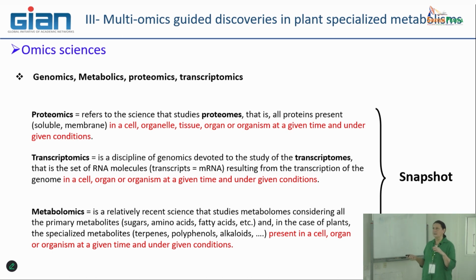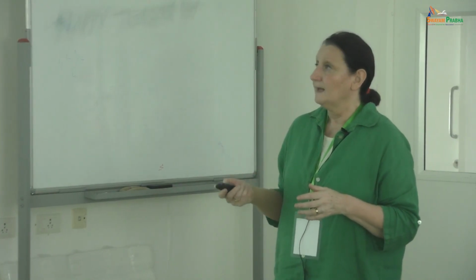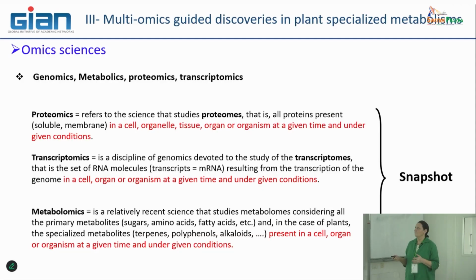So it's like a snapshot of one particular moment. So it's not complete. It is not like genomic science, which is completely independent of the specific condition of your raw material, the plant in this case. And it is exactly the same for transcriptomics and metabolomics.